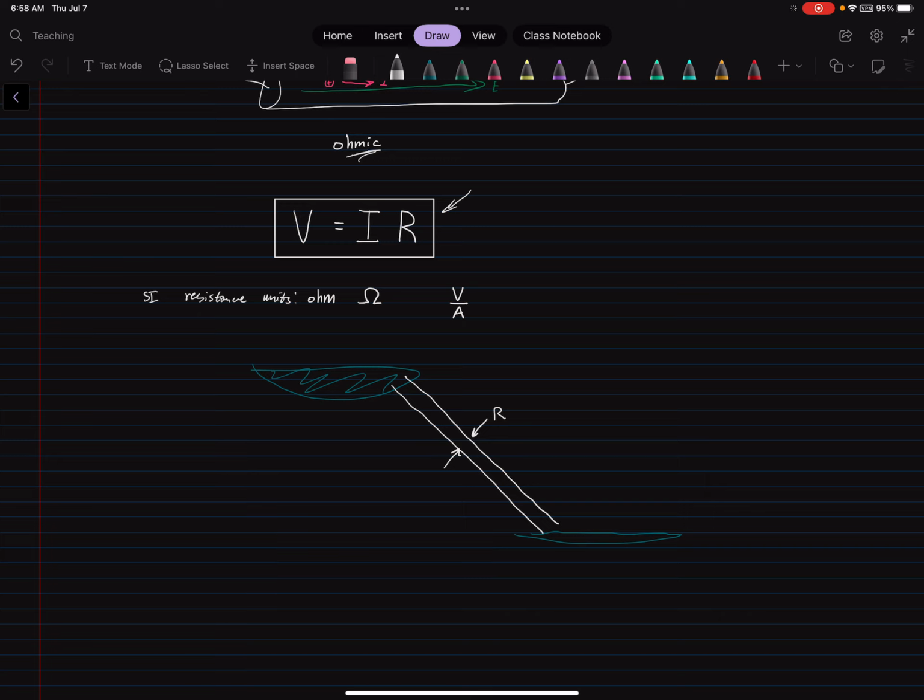The height difference, I should use different colors from now on, all right, we're going to use red for voltage. Try to hold me to it. So the height difference here, that's the voltage. The, let's see, we'll use blue for current, huh? The width of the pipe is the resistance, and the flow of the water is the current.